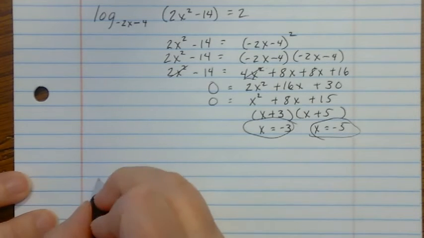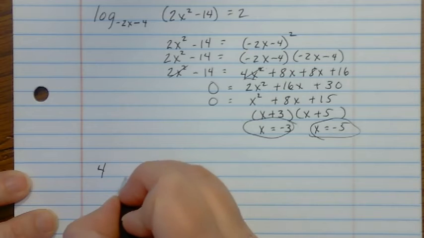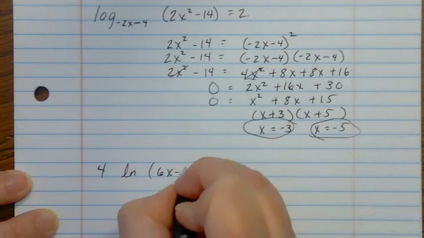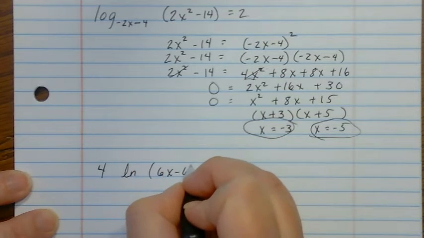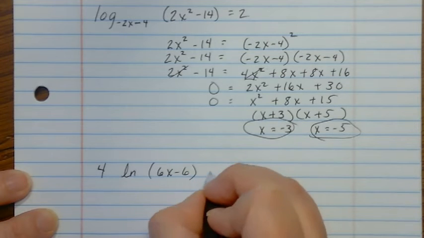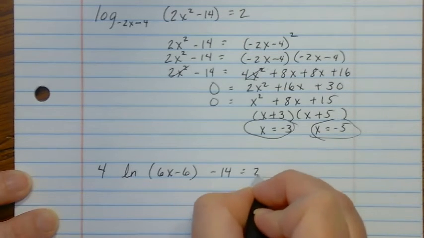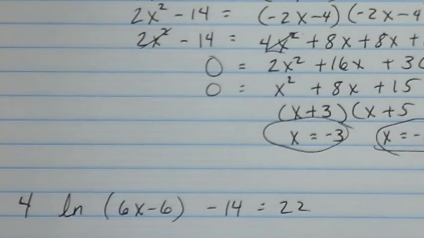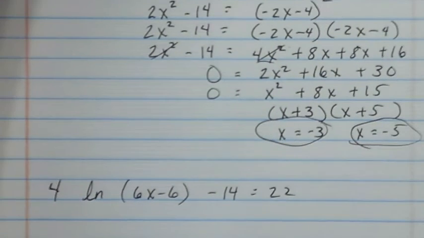Let's do this one. This will be the last one. 4 natural log of 6x minus 6 minus 14 equals negative 22.